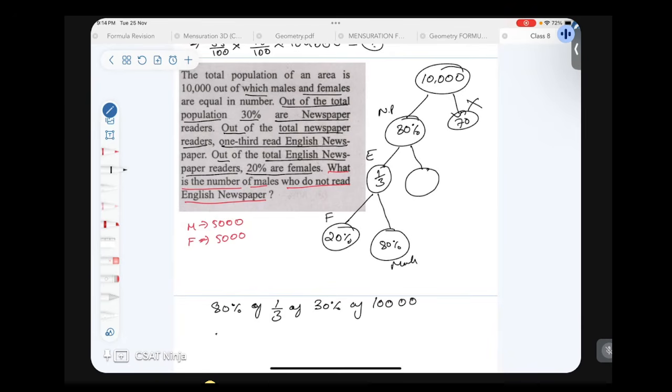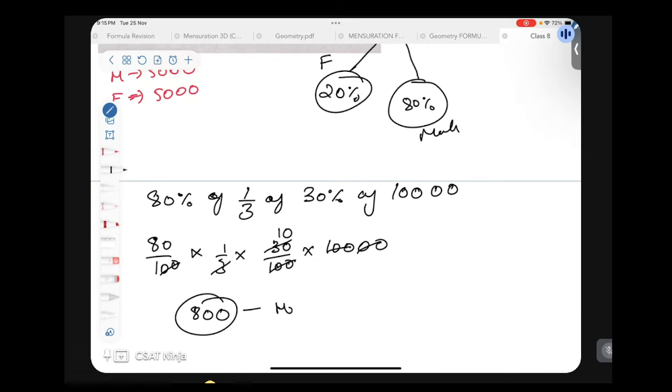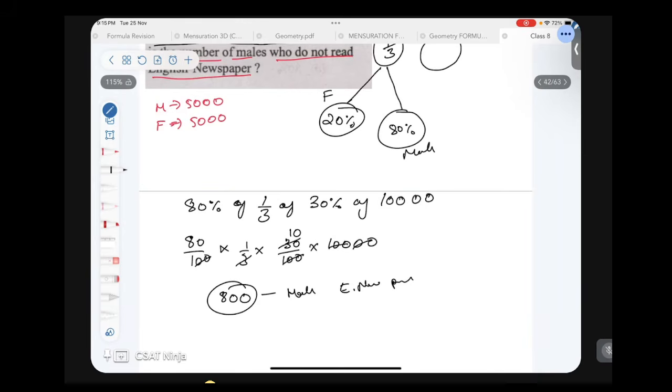So 80 divided by 100, of 1 by 3, of 30 divided by 100, of 10,000. The 2s cancel, and 3 tens are 30, so we are getting 8 into 100, which is 800. So there are 800 males who read English newspaper.